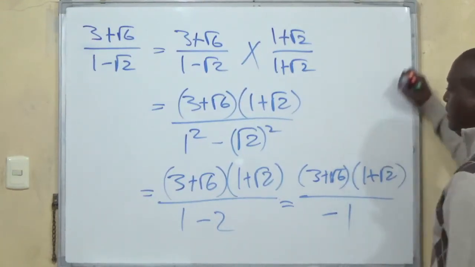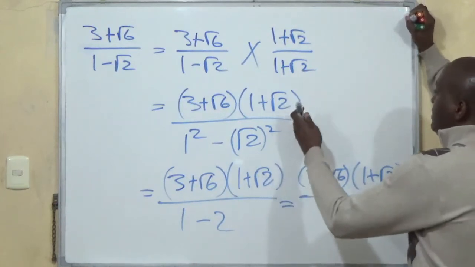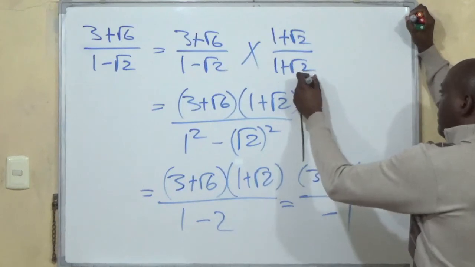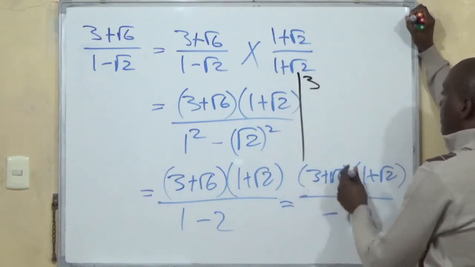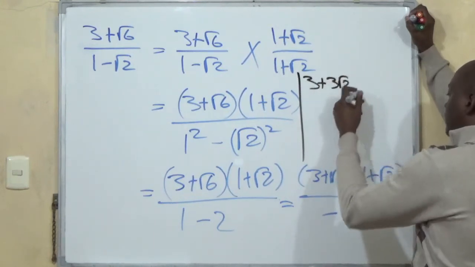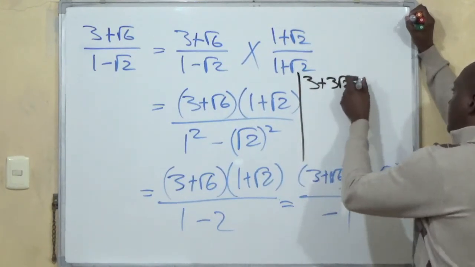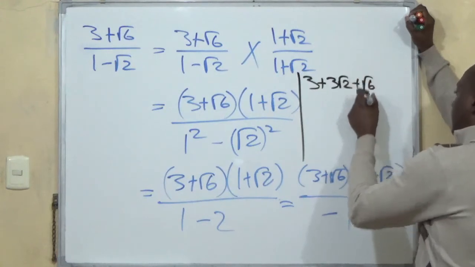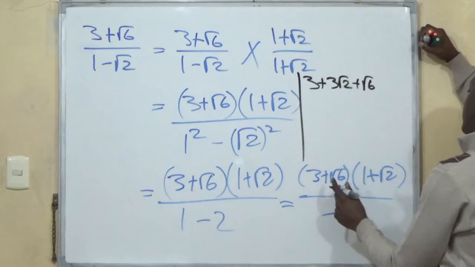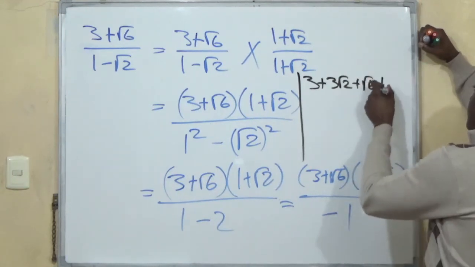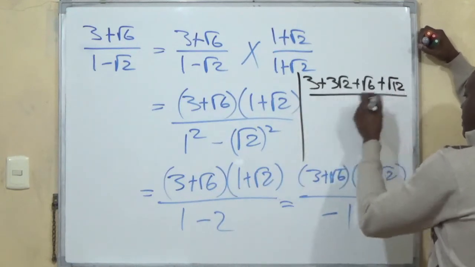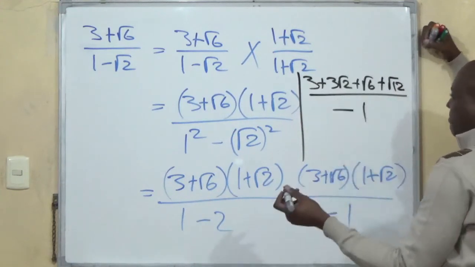And what you'll get? You will get, let me steal some space in the corner here now, 3 by 1 is 3 plus 3 root 2 plus root 6 plus root 12, all over minus 1.